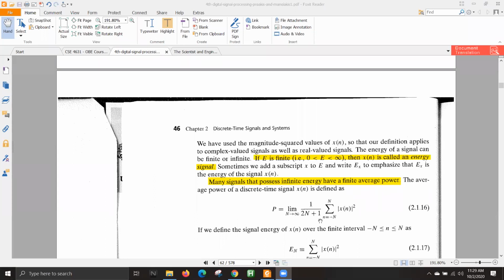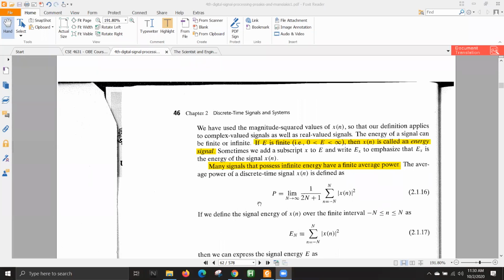Average power is defined in this way. So you already see the energy definition, and the power definition is like this: you just apply a limit, then you just take an average. Okay, so the average power of a signal is finite, even if it has infinite energy.